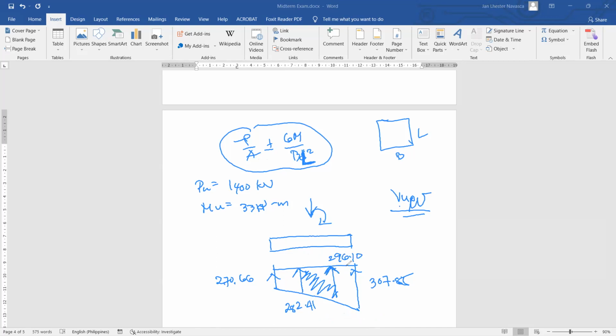Then with summation of vertical forces, you can now solve for your VU sub P, which is 22 kilonewton. After that, you can solve for the actual two-way shear stress.